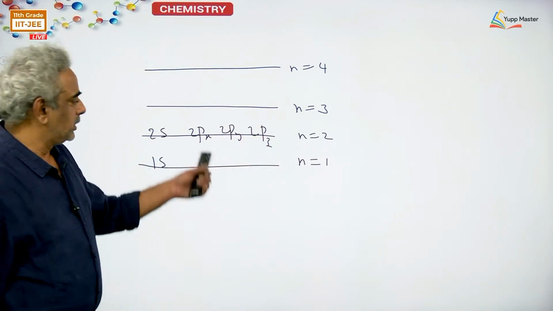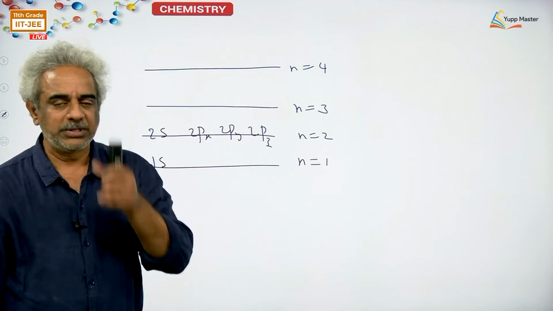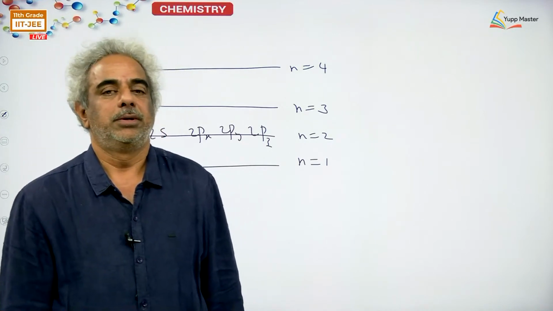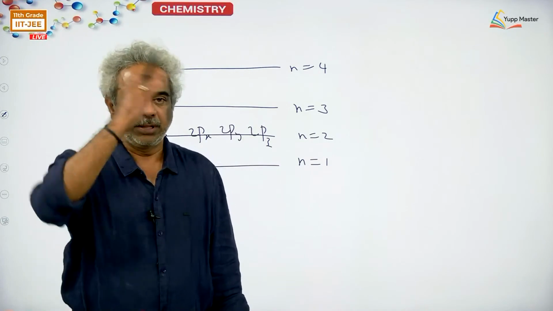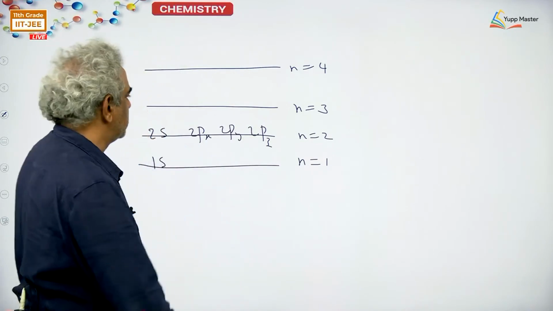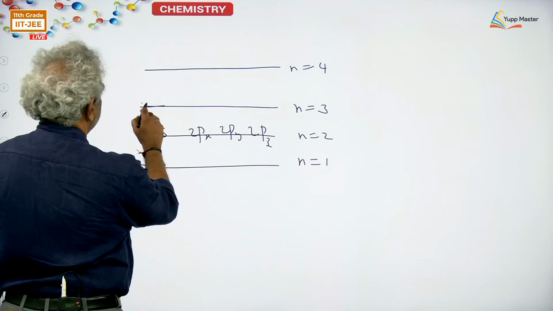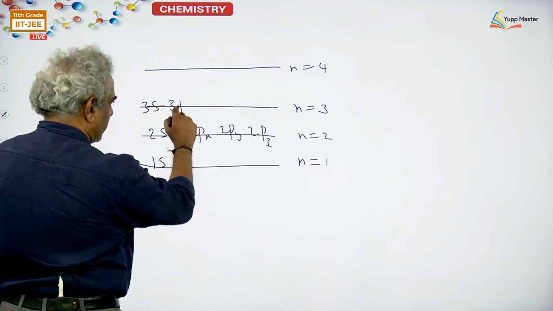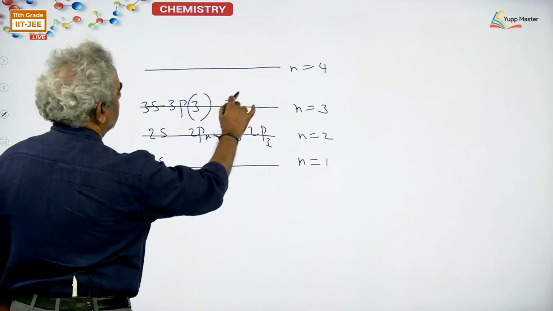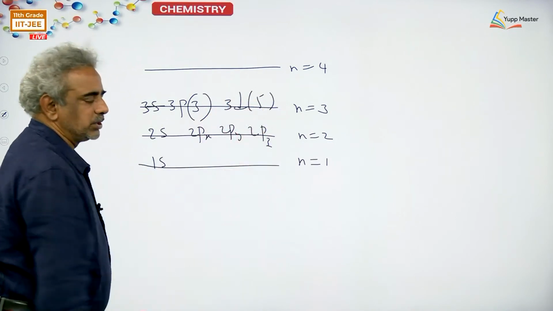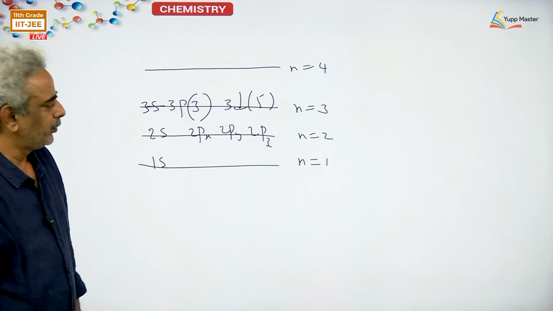There are 3 orientations with the same energy for the p orbital, so there can be 3 acceptable wave functions. Similarly, you have 3s, and likewise 3p with 3 orientations, and 3d with 5 orientations. We have already done this.